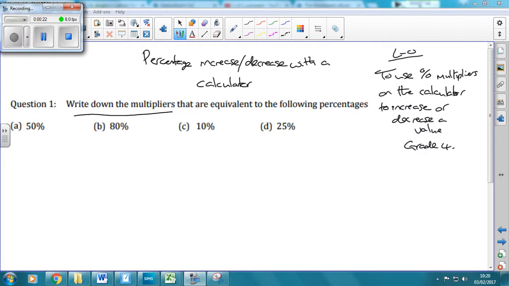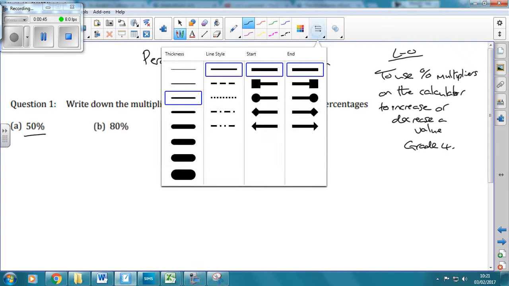Now what we're going to be doing this lesson is something very similar to last lesson, but we're going to be using the calculators, and that's going to make it simpler in a number of ways. So the whole thing here is to write down the multipliers. If we're going to find 50%, well, 50% is easy, just halve it, but the whole multiplier is a different kettle of fish.